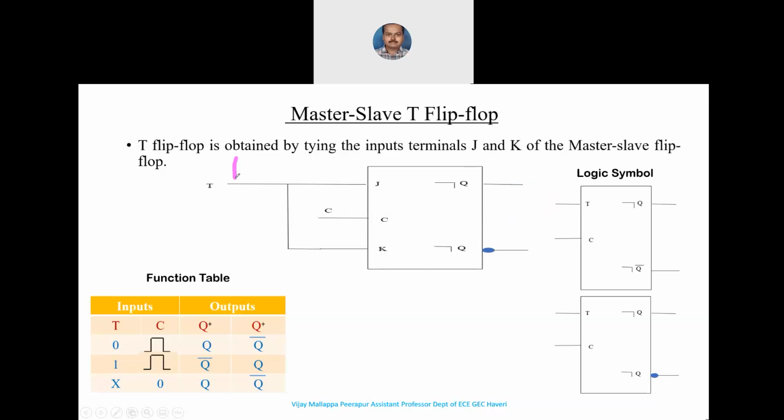Now when T is 1, J is 1 and K is 1. What to understand by this one? By looking at the function table of this one. Anyone? What is the next state when both J and K are equal to 1 simultaneously? What is the next state?